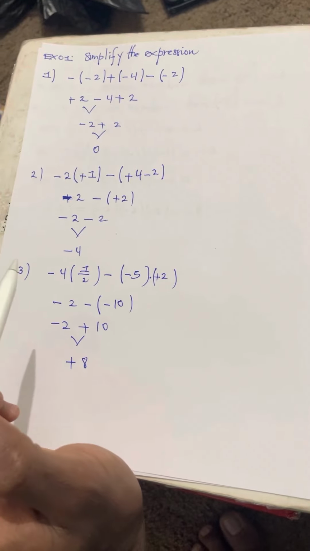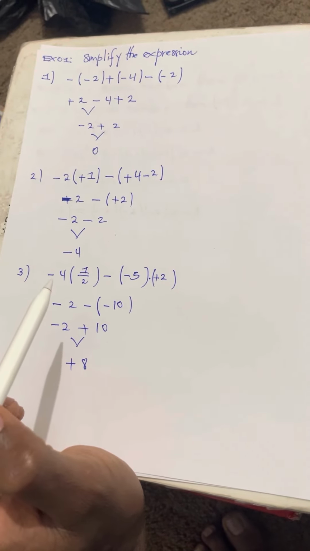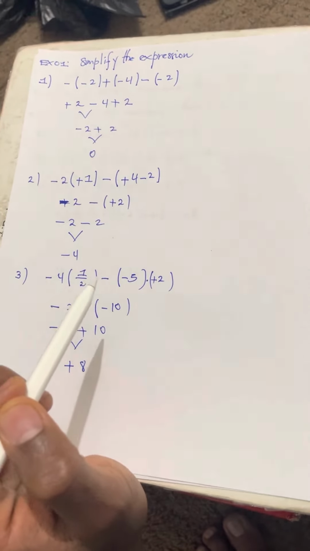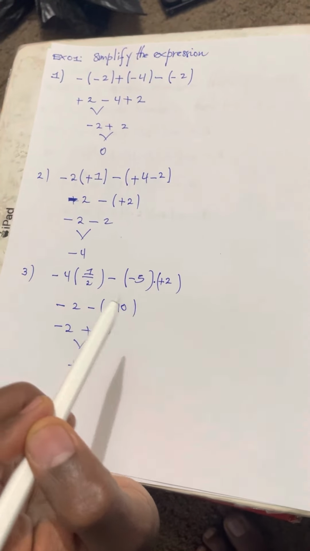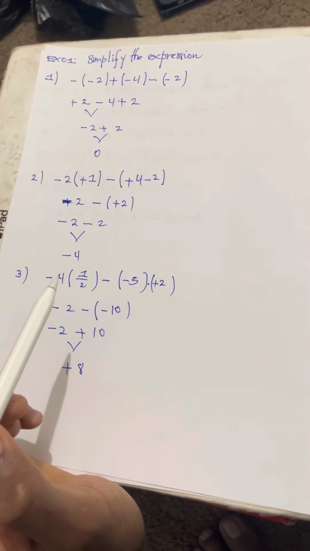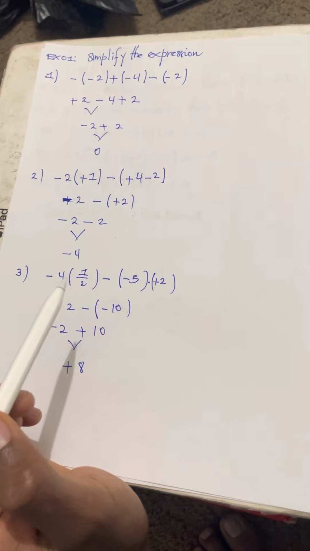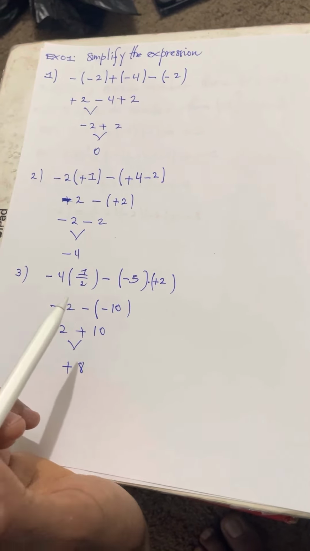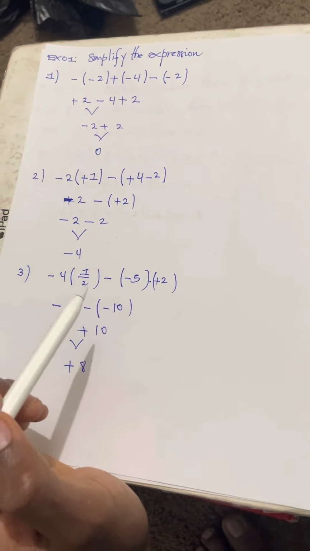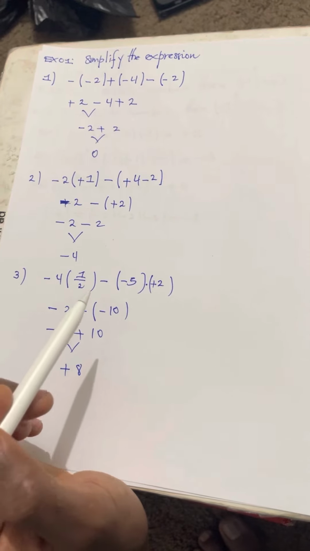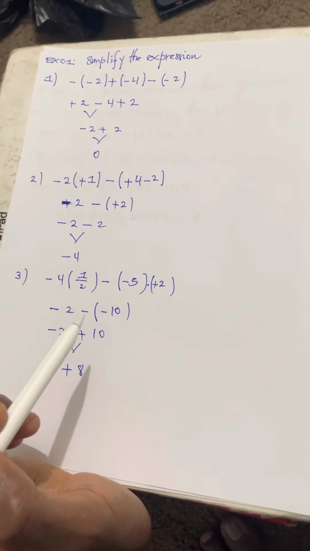Now, expression number 3. I have negative 4 times 1/2 minus 5 times positive 2. When you multiply minus 4 by 1/2, it's like you divide the 4 by 2, which is negative 2. So you keep this minus sign.